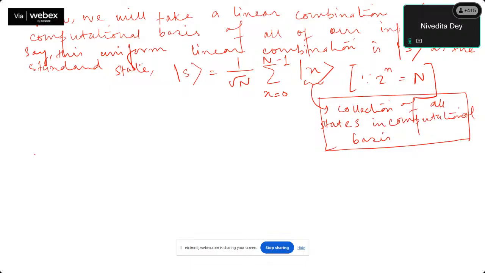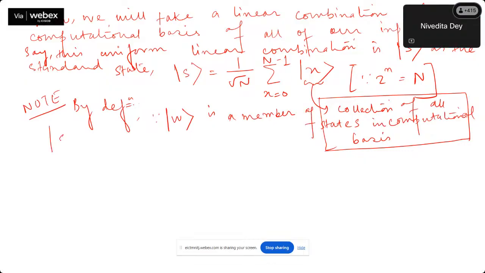And by definition, this is very important, note, since |W> is a member of S, then the inner product <W|S> should be equal to 1 by root over N.